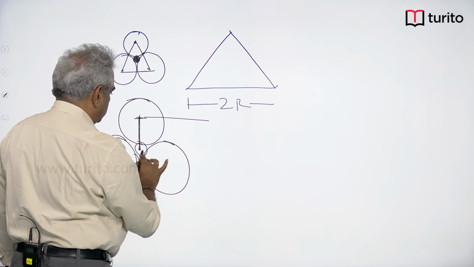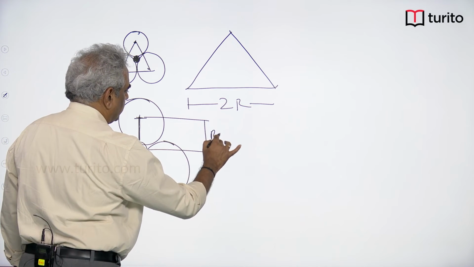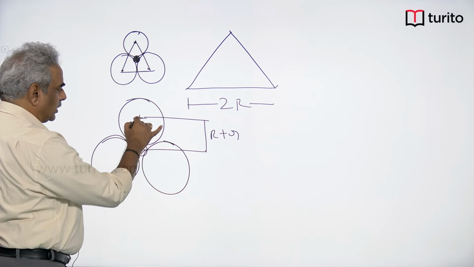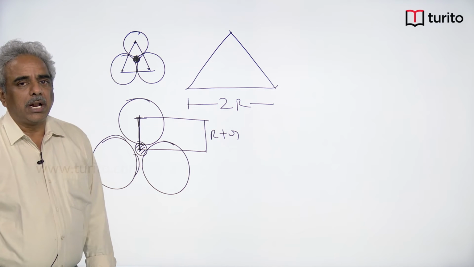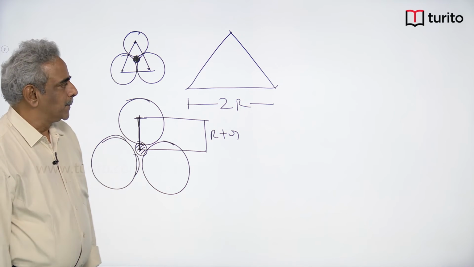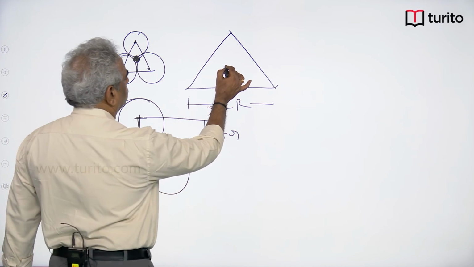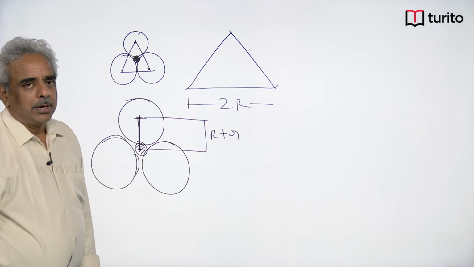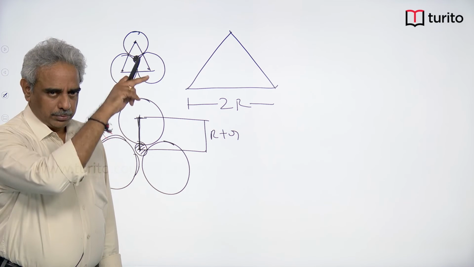Capital R plus small r, because there is a small sphere here, there is a big sphere, put together is capital R plus small r. So that falls somewhere at the center, I can say the centroid.